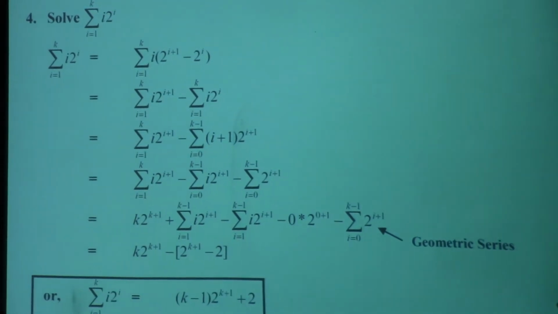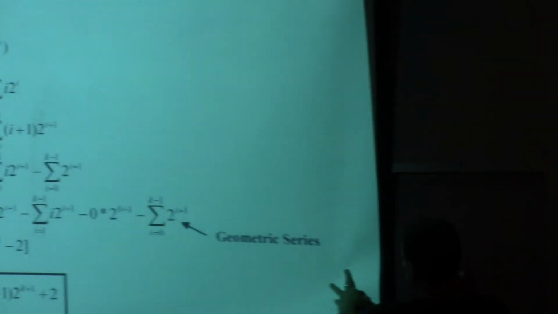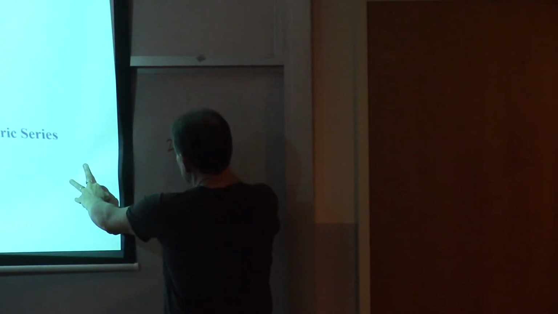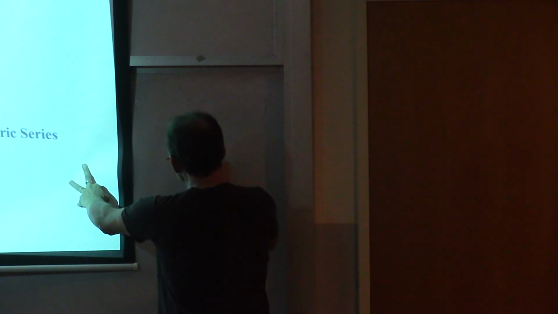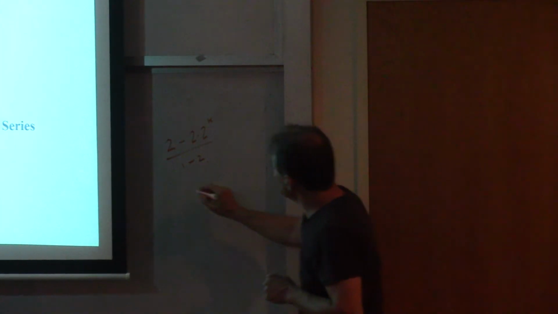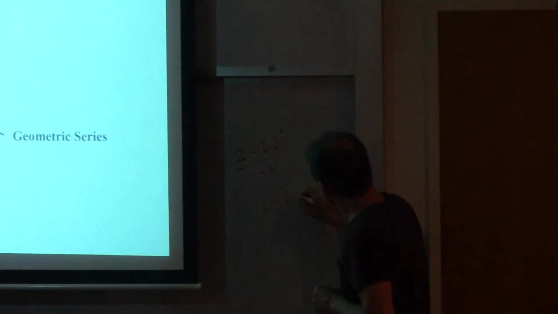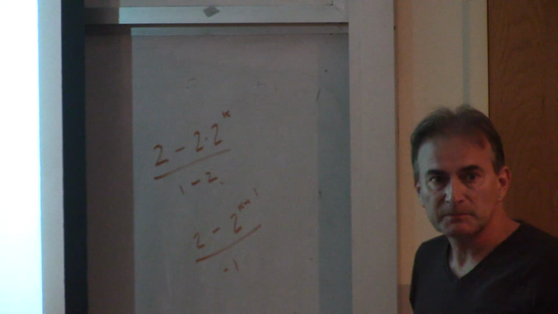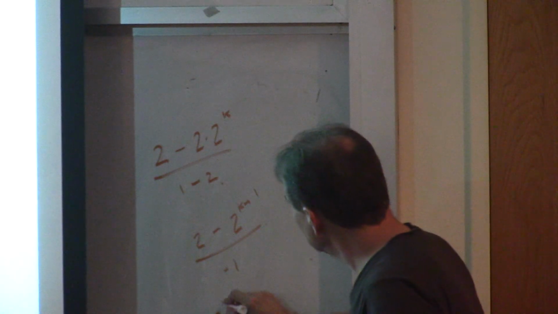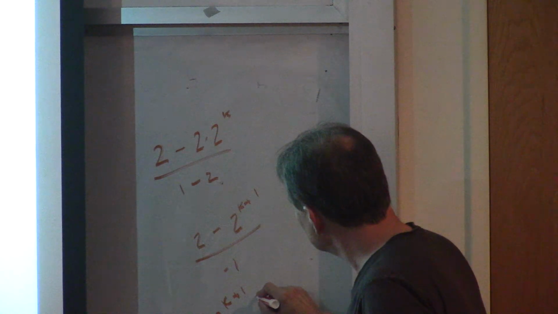We're going to have 2 times 1 minus 2 to the k, over 1 minus 2, which is going to give me 2 minus 2 to the k plus 1, over negative 1. Multiply top and bottom by negative 1, we get 2 to the k plus 1 minus 2.